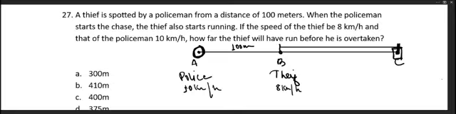That is, we have to find the distance between B and C, and as we know, distance is equal to speed into time.